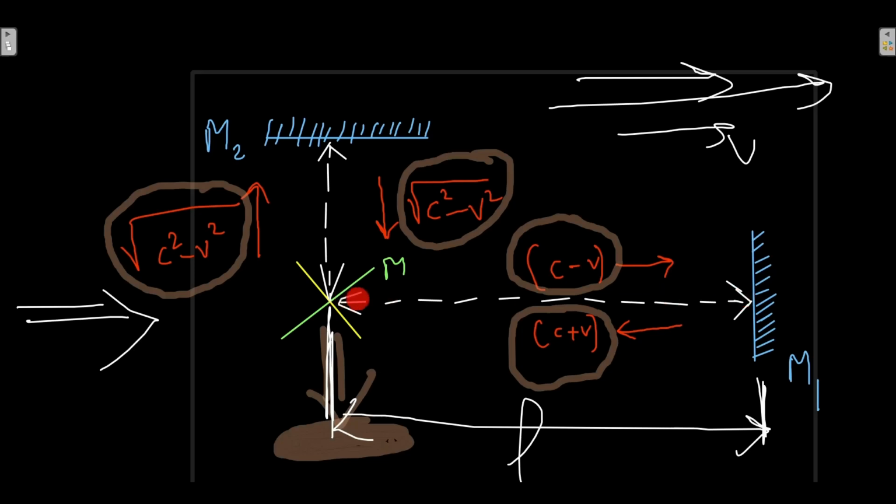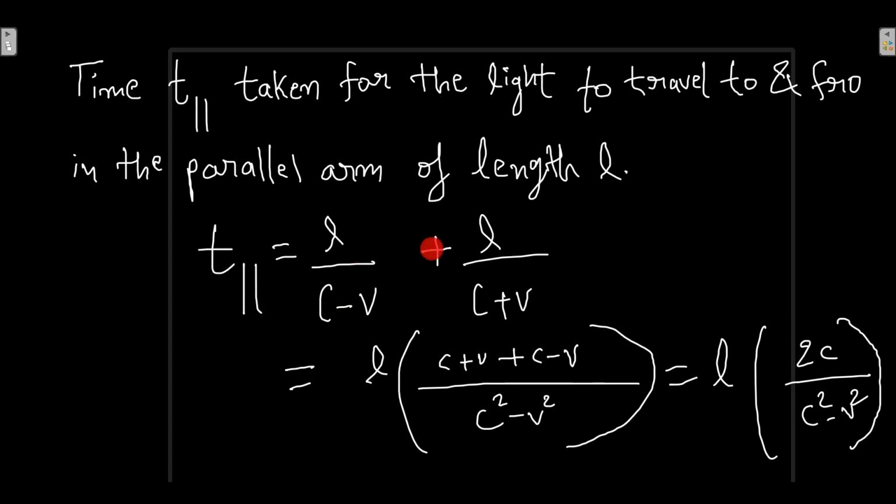For going from here up to here, L divided by c minus v, and for coming back, L divided by c plus v. So L divided by c minus v plus L divided by c plus v is the t parallel. This is the time taken for the light to travel to and fro in the parallel arm.